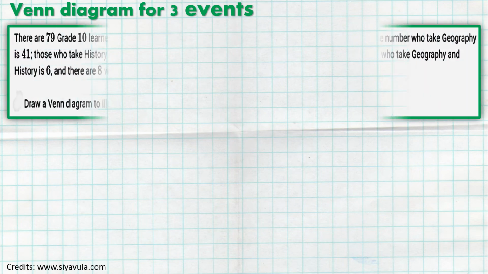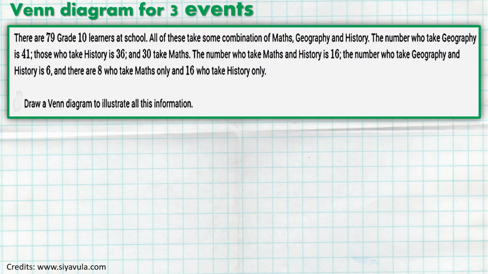Okay, let's now focus on how you can sketch a Venn diagram for 3 events, and this is your example. They said there are 79 grade 10 learners at a school. All of these take some combination of math, geography, and history. The number who take geography is 41.